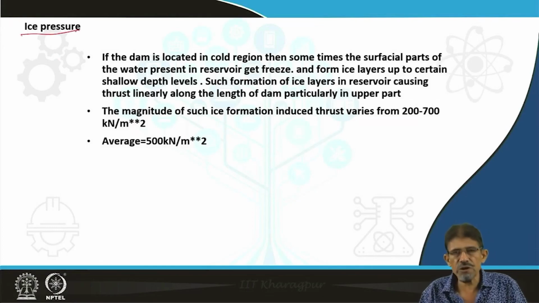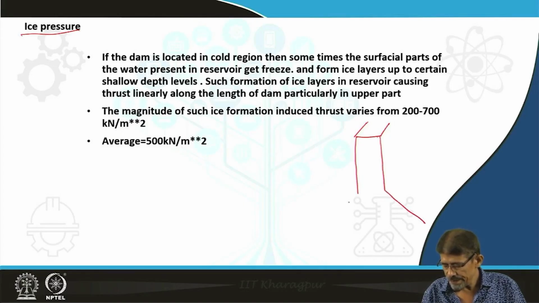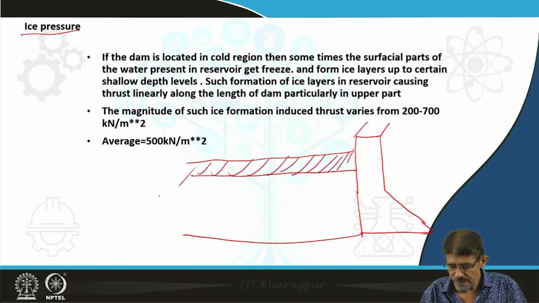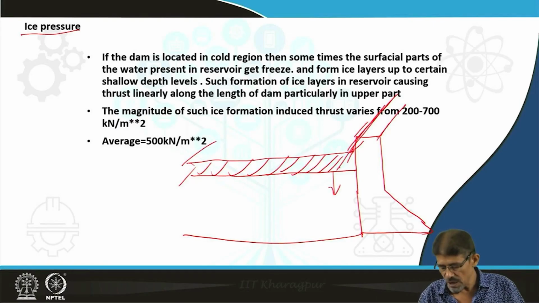The next type of force is ice force, on the dam side where the temperature change is below 0 degrees. Following the freezing condition, some surficial part of the water is in a freeze condition, and this is going to affect the linear length of the dam, because on the downside it becomes smaller.